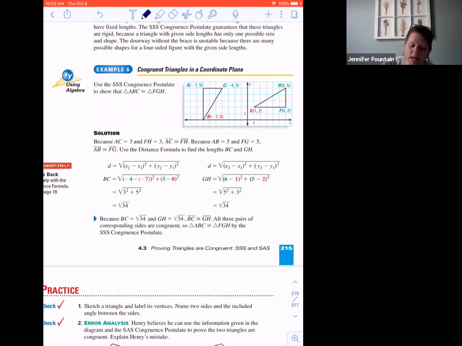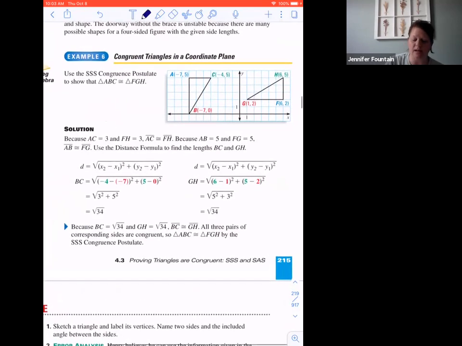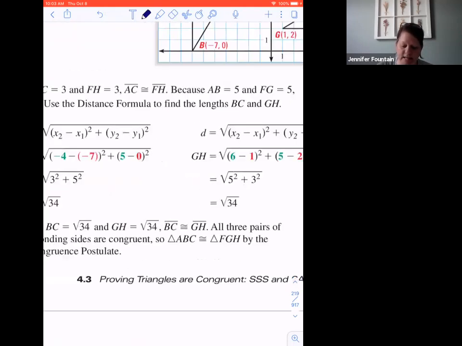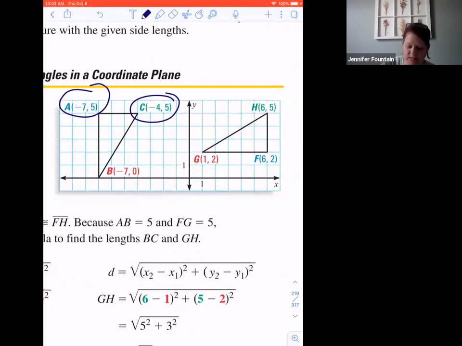It says use the side-side-side congruence postulate to show that triangle ABC is congruent to triangle FGH. So in this, we've got to use our distance formula to say, is the distance from here to here equal to the distance from here to here?